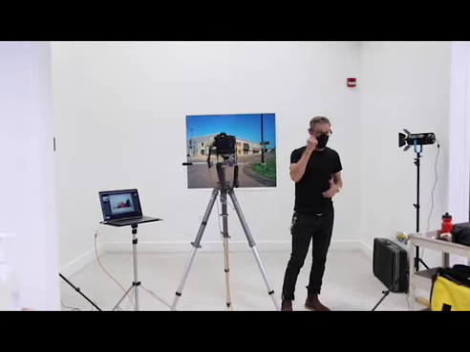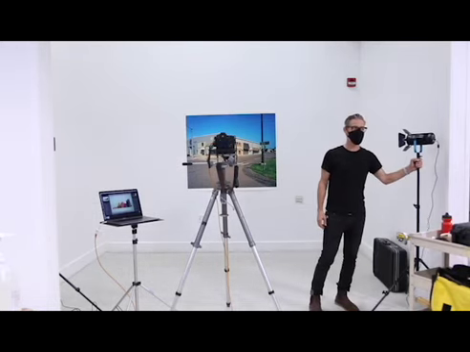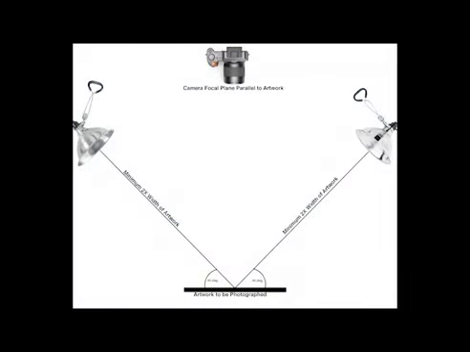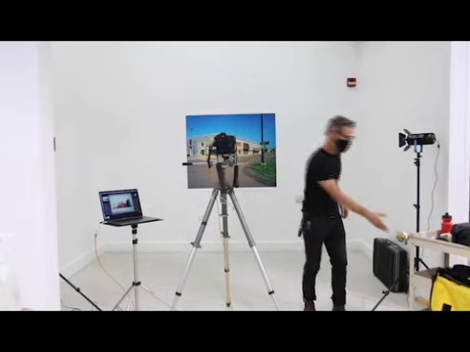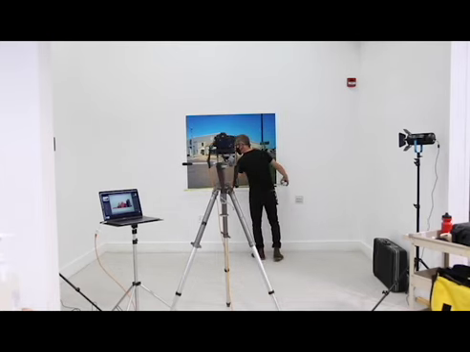Because the main rule is the lights can't be closer to the work than twice the width of the largest thing you're photographing. I think I say it more elegantly in the notes. So the way this goes is, biggest thing you have, measure the width, 54 inches.